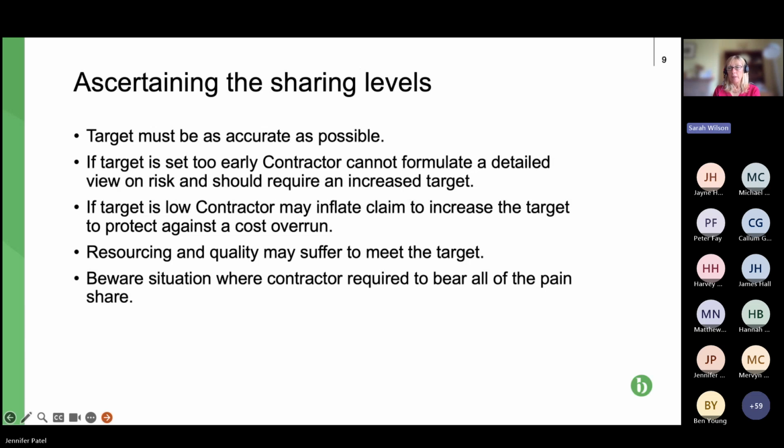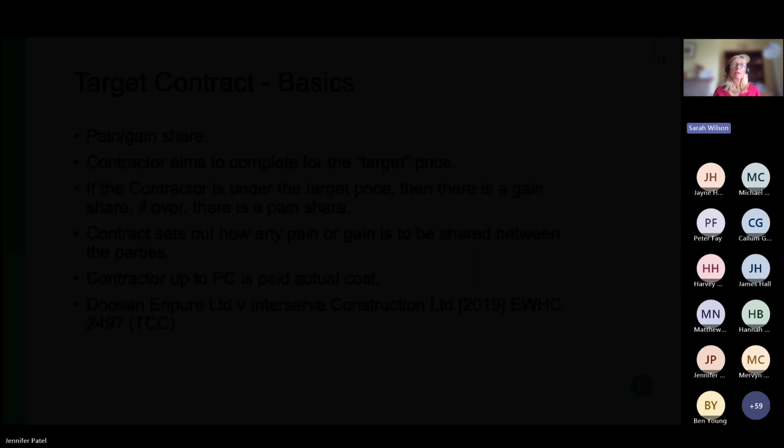And from the client's perspective, whilst contractually this shouldn't be the case, it might be that resourcing or quality of the project might suffer if the contractor is quite early on in a pain situation. And it's that last point: beware of the situation where the contractor is required to bear all of the pain share, or all of it above a certain percentage. So if we can have the next slide, please, Jen.